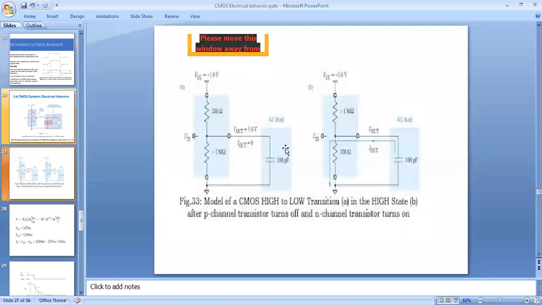Represent figure A and figure B. Figure A is output at high state and figure B is output at low state. Already you know fall time. To calculate fall time, first of all we assume that our circuit is at high state.